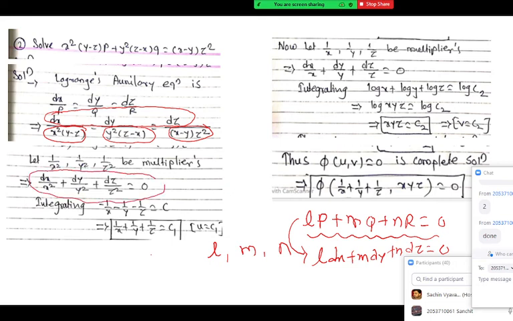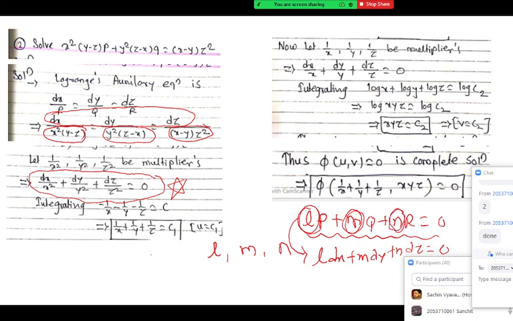Here it is written L into P plus M into Q. These elements are multiplied to the numerator, and this is always possible to integrate. And what is the important thing you observed here? The multipliers are selected so that L should be a function of x only, M should be a function of y only, and N should be a function of z only.